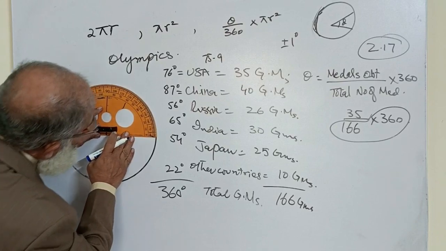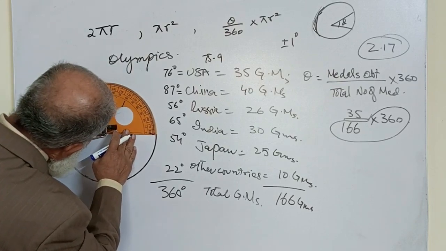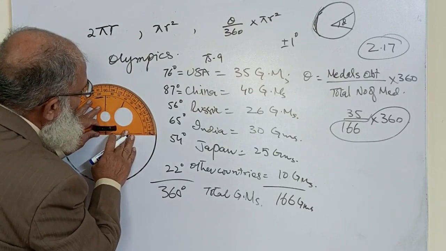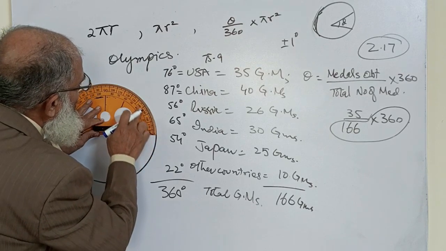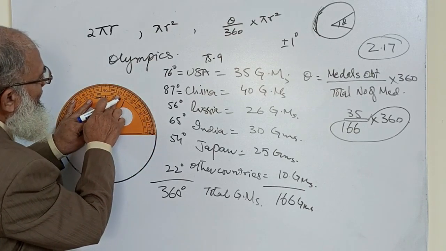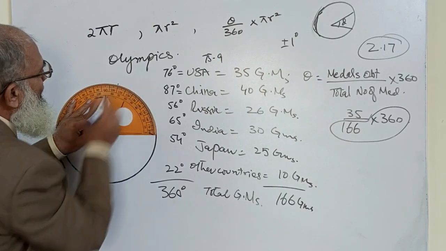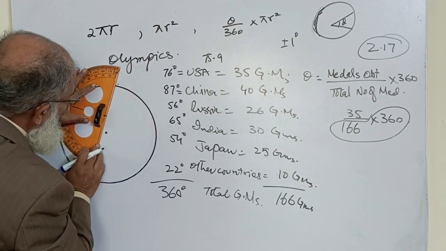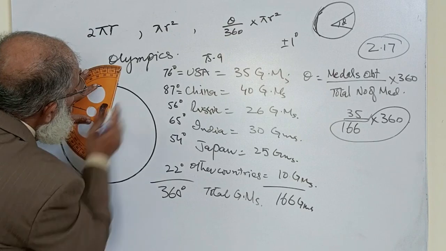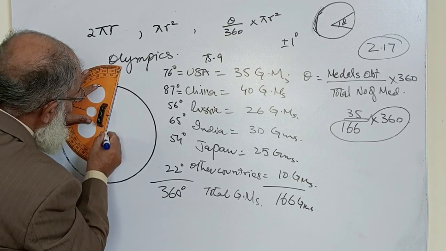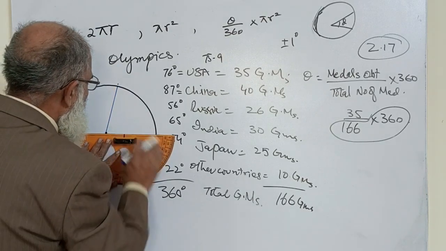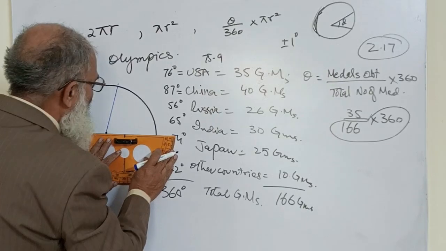Now 76 degree, 75 and 76. With the pointed pencil, just do it in this way. This is your 76 degree and this is your baseline.